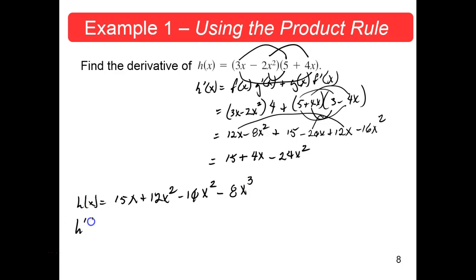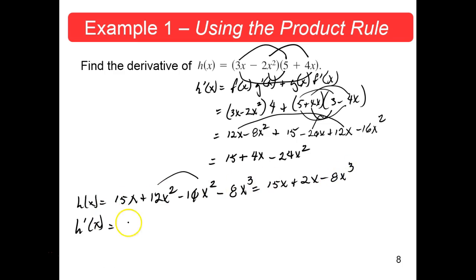Now do h prime of x, which is what we were doing before, right? Oh, before we do that, let's combine like terms. So this gives us 15x, right? When you combine those two like terms, what do you get? Plus 2x squared minus 8x cubed, right?